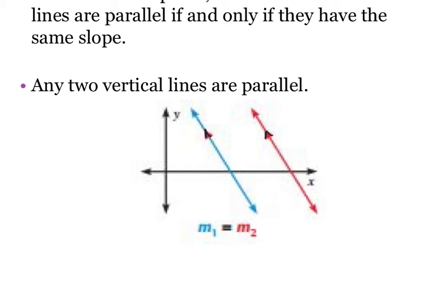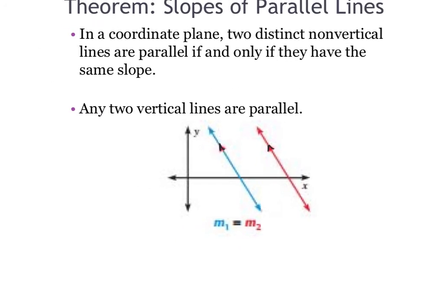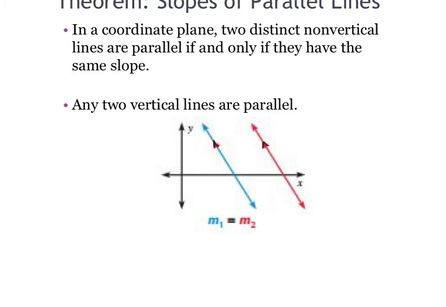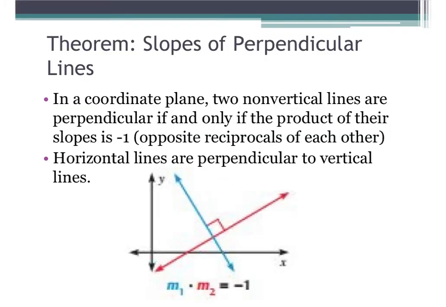So the slope of the blue line, m1, is going to be the same as the slope of the red line, m2. Okay? So if the slope of the blue is, well, I see that it's a negative slope. Let's say it's -2. Then the slope of the red must also be equal to -2.